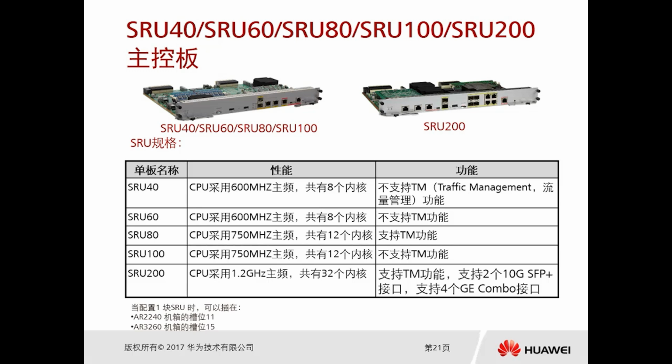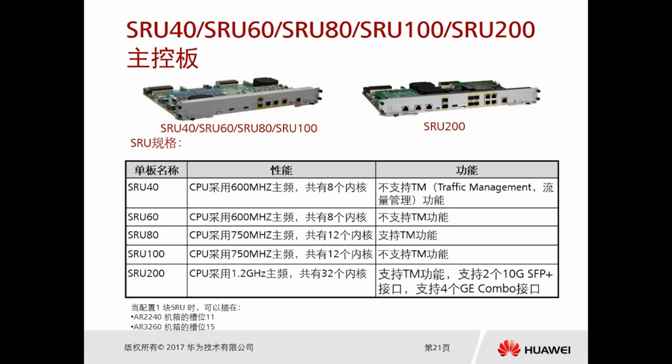What about SRU60? In the initial versions, it supports the AR2240 and the AR3260. This main control board is a necessary single board for the AR2240 and AR3260 chassis, so generally only one needs to be configured.